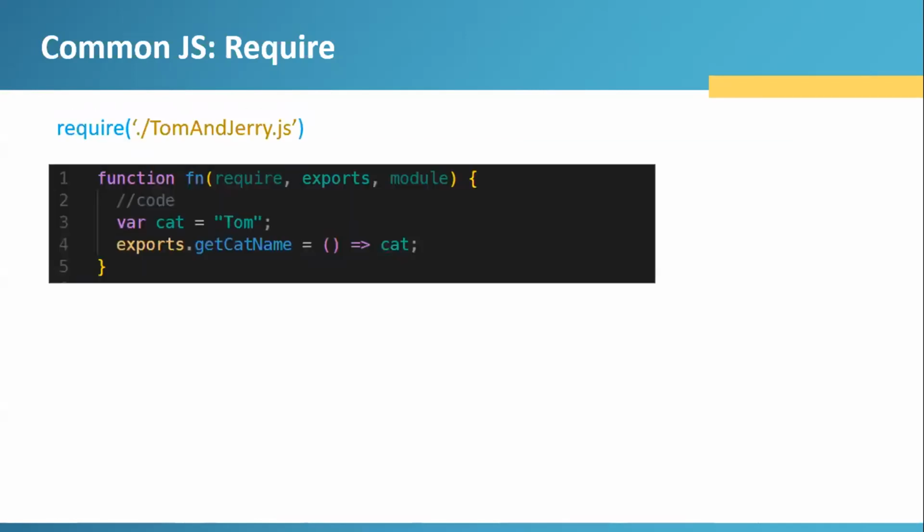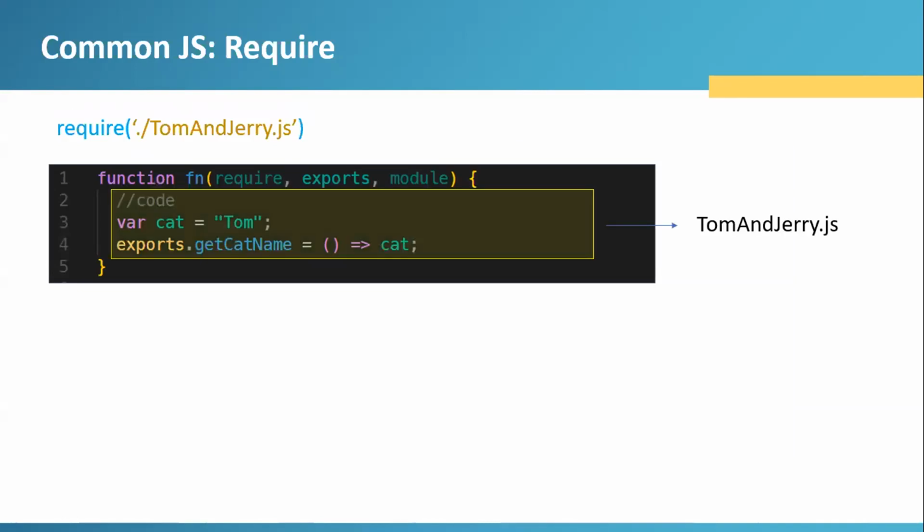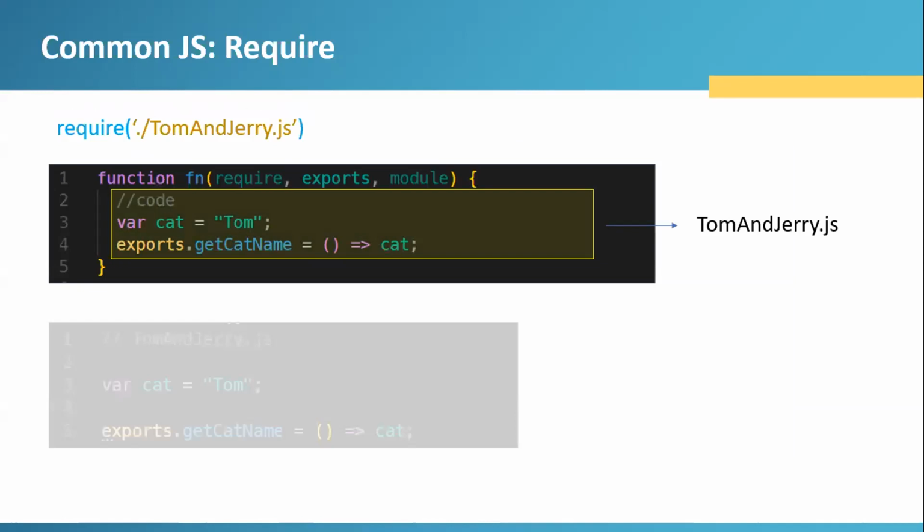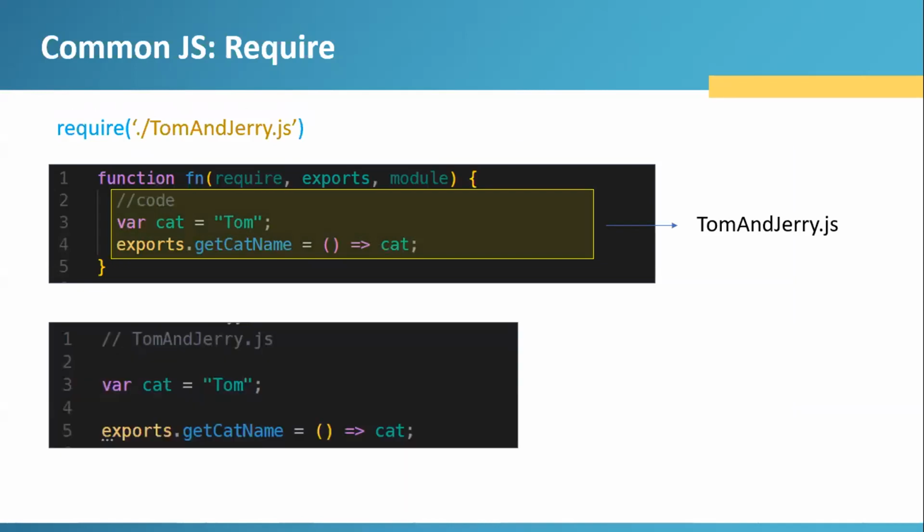We're just running this particular function, which in turn will run the code written in the function definition, which is nothing but the tomandjerry.js file code. The key thing to note here is, since we are running this tomandjerry.js JS module in a wrapper function, we are getting local scope out of the box.